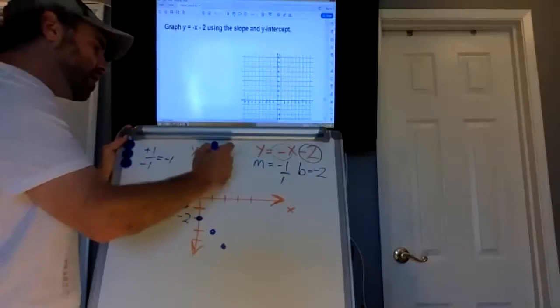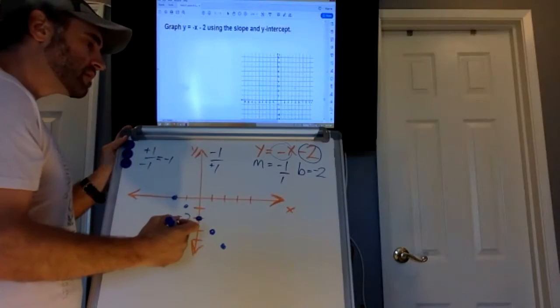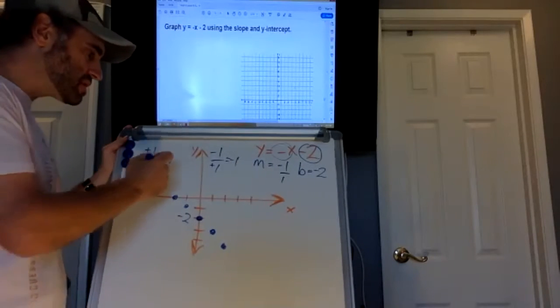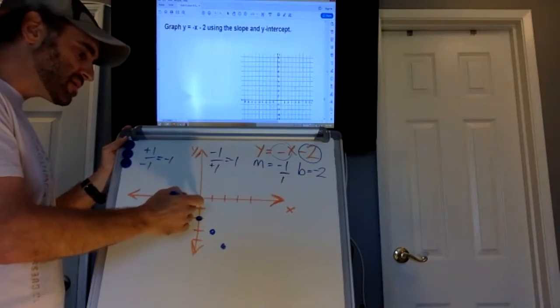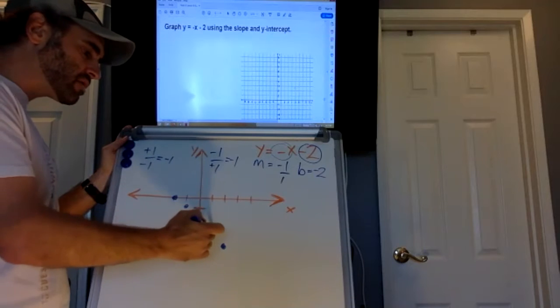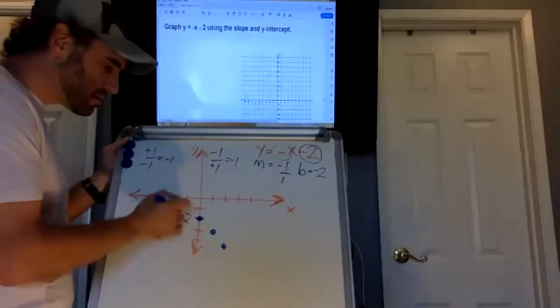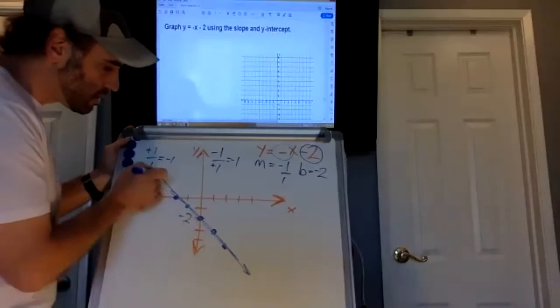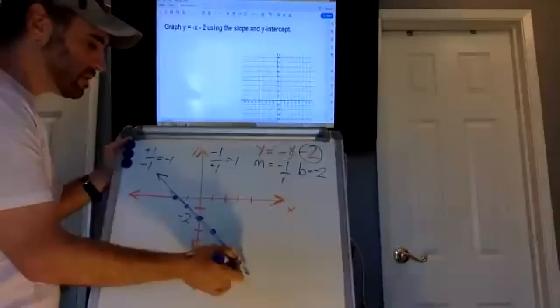Or if I go down 1 over positive 1, a negative divided by a positive is still negative. They're the same. So going up and to the left is the same as going down and to the right. Okay, there's my line.